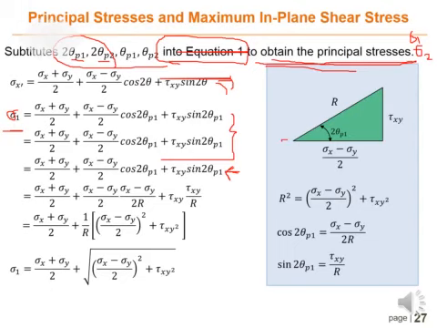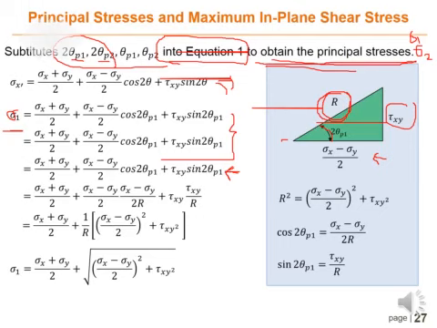Now we know that this is tau xy, and this is sigma x minus sigma y divided by 2, and the angle in between is 2 theta p1. We denote the hypotenuse as r.